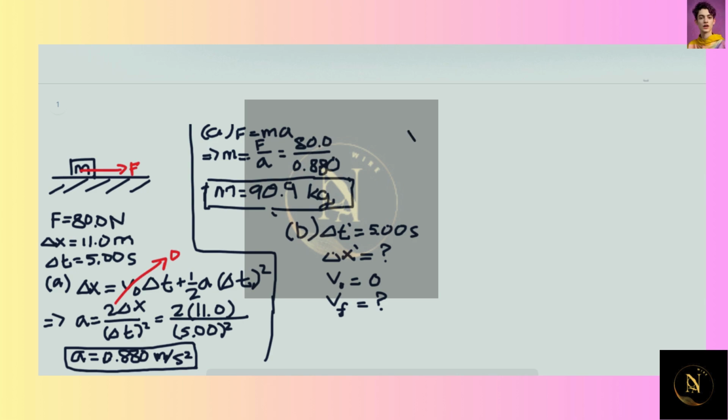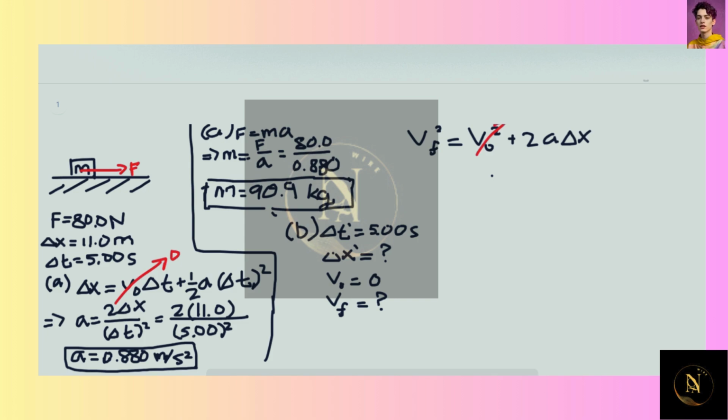So the equation that we'll want to use is the equation involving the square. We actually have a choice of equations, but I think this one would just be the easiest to get the information that we need. As we said earlier, the initial velocity is equal to 0, so that term is going to go away.